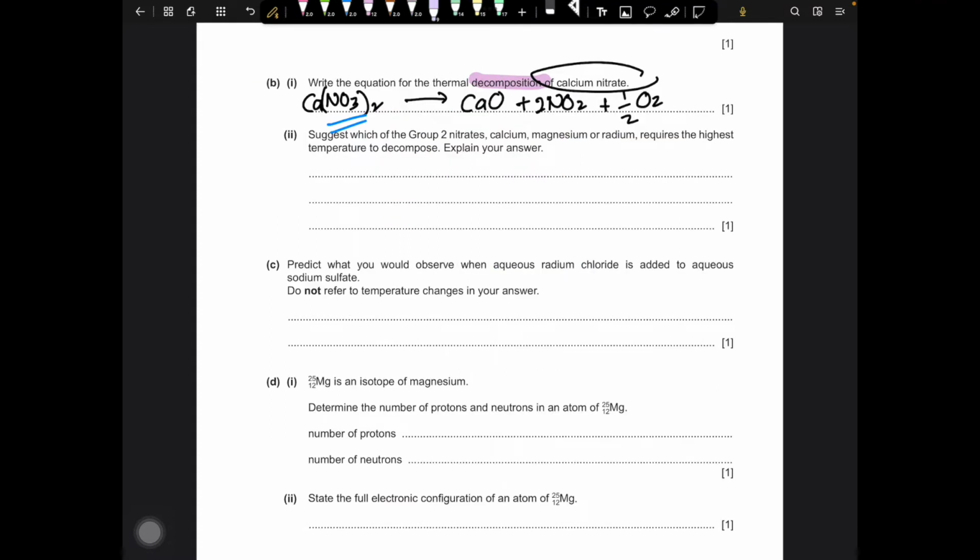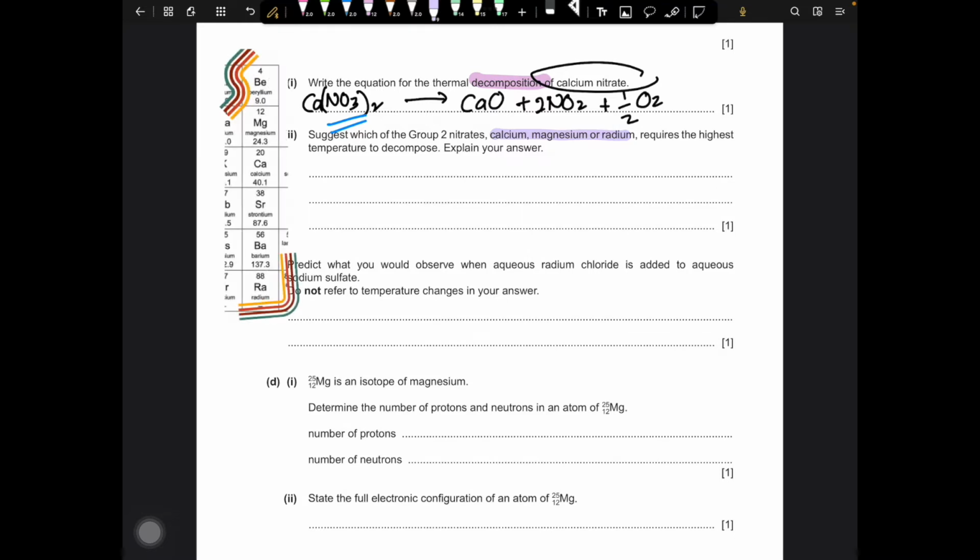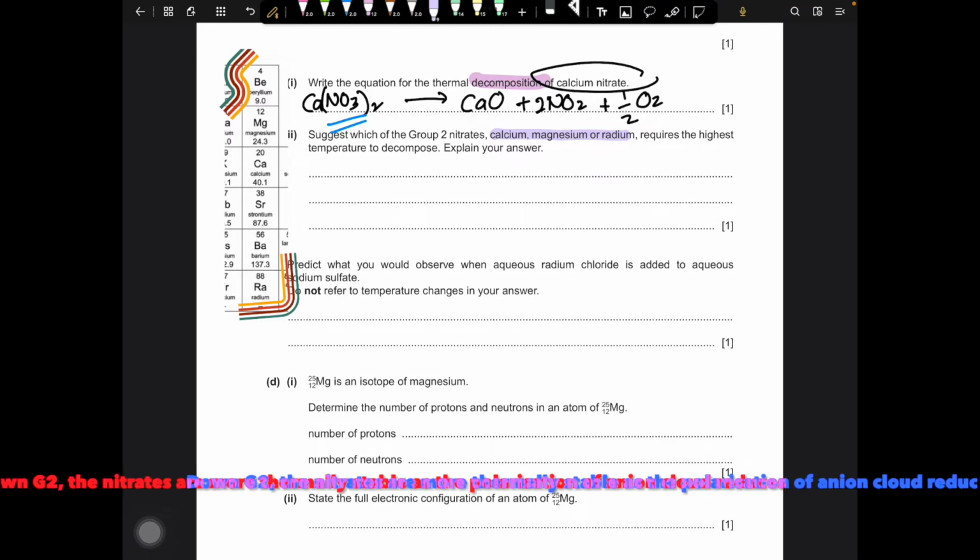The next question asks between calcium, magnesium, radium, group 2, down the group, which one will require the highest temperature to decompose? When we look at the periodic table, group 2 starts with magnesium, calcium, and then the last one will be radium. As we know, down group 2 the nitrates become more stable.